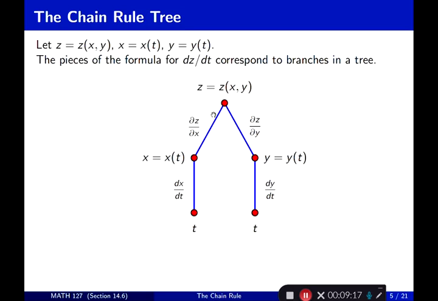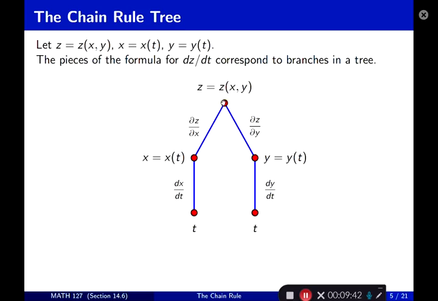The first branch is the partial of the top with respect to the bottom of the branch, partial of z with respect to x, and then the derivative of x with respect to t, because only one branch goes out instead of two or more.